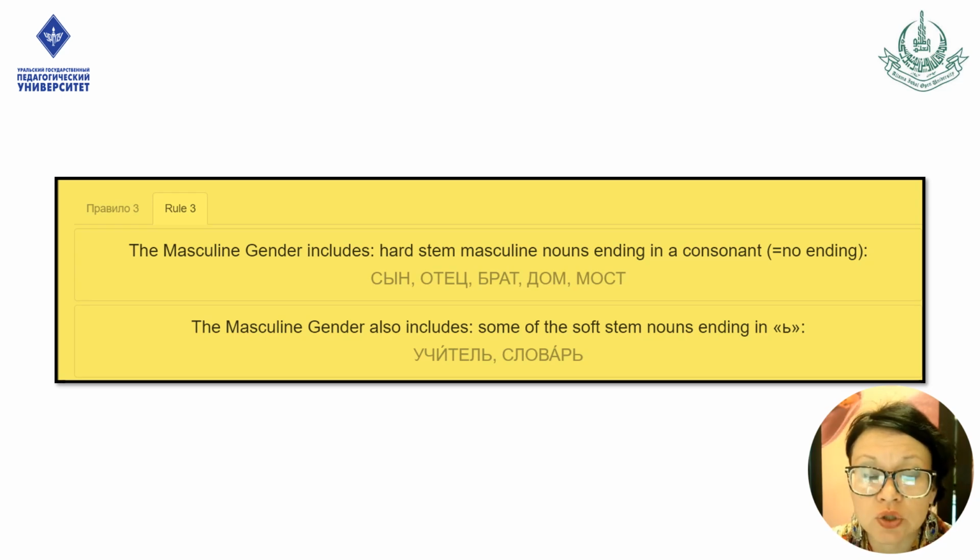You see a soft sign at the ending of a noun, and it may be masculine, not in all cases, but especially in professions: учитель, водитель, a driver. So please remember this case, the soft sign, мягкий знак at the end of the word.